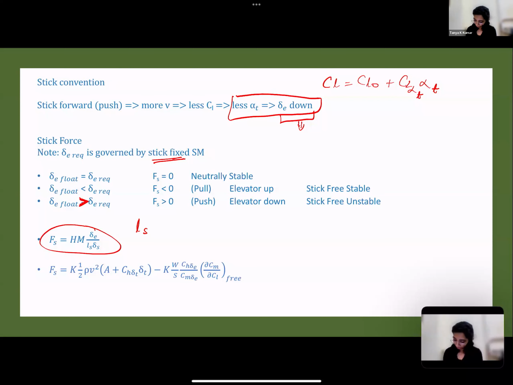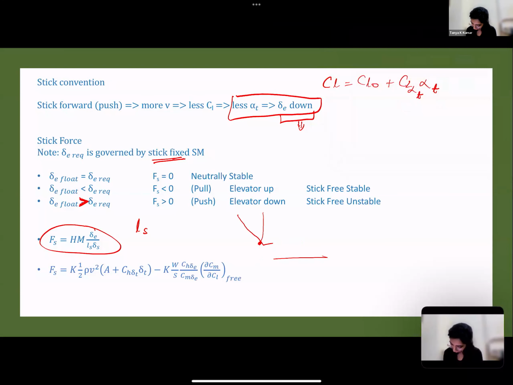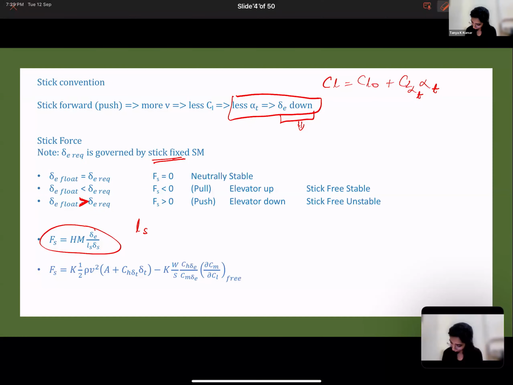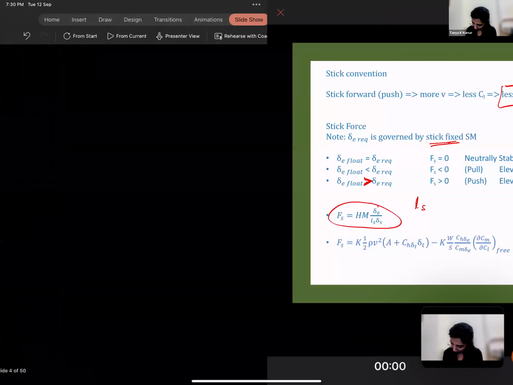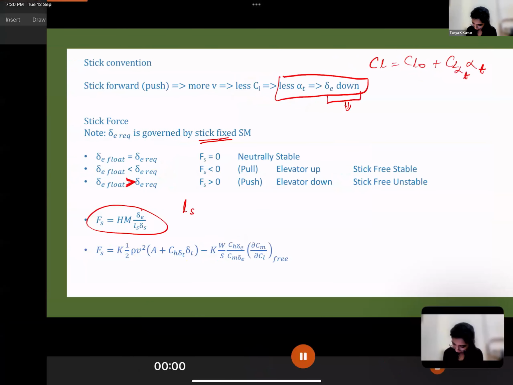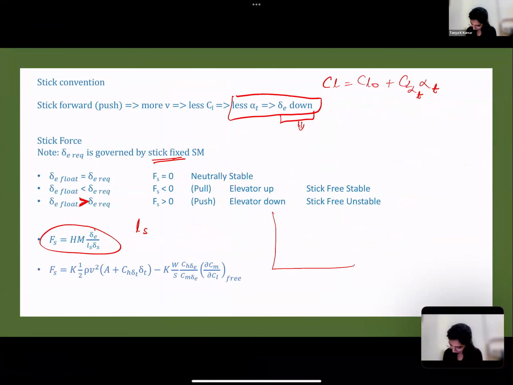Okay. So this is the stick. It's hinged about a point, and if I push or pull it, this is how. So this is your stick, hinged about a point, and if I were to push it, right?